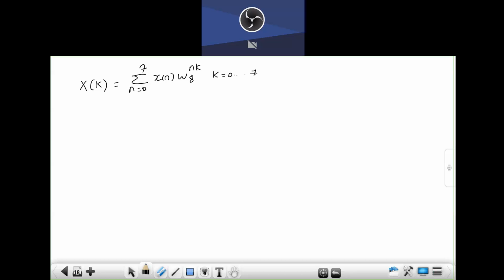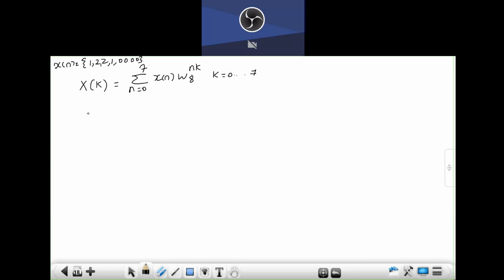Now we are going to substitute your x of n values, that is 1, 2, 2, 1, 0, 0, 0, 0, in the expression.